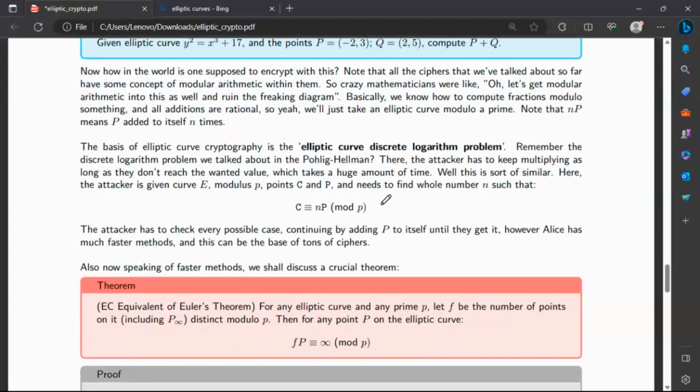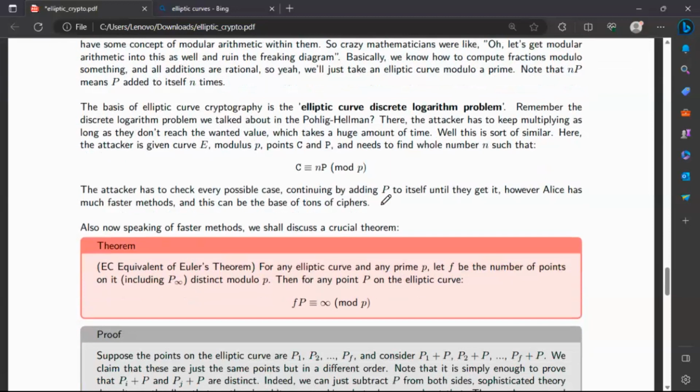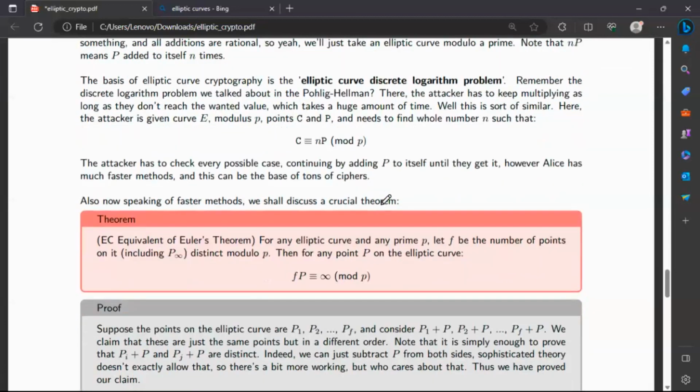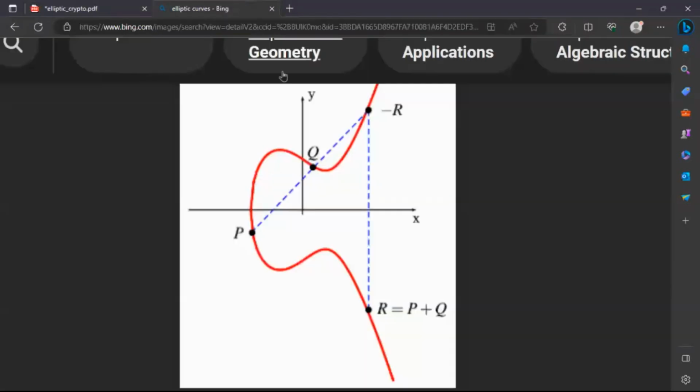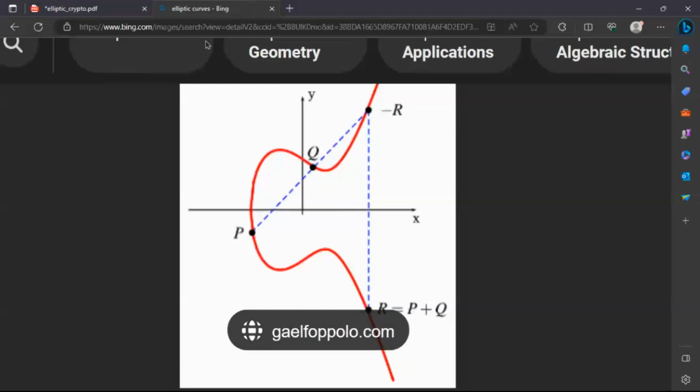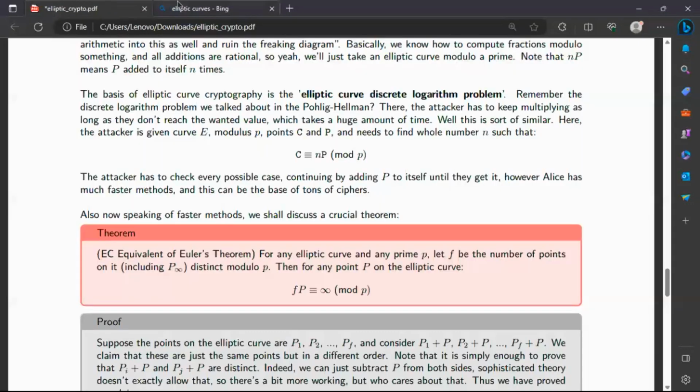All the actual ciphers we've done so far were using modular arithmetic. So we'll get modular arithmetic into this as well. We'll consider an elliptic curve modulo a prime, which seems very confusing since it's literally a curve. How do we consider this modulo a prime?